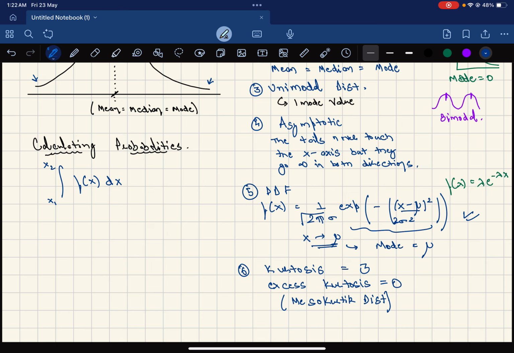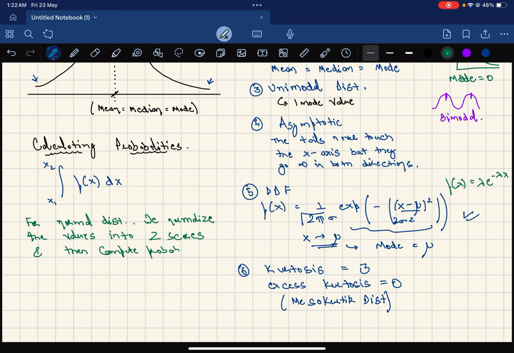But since I previously mentioned that the integral of this complex PDF could be difficult to achieve, for the normal distribution we normalize the values into their z-scores and then compute the probabilities.